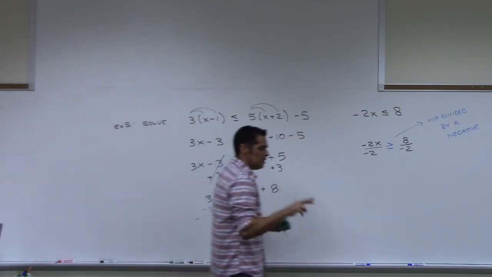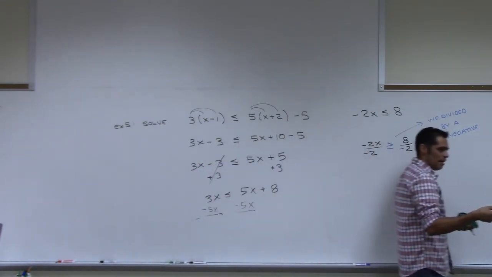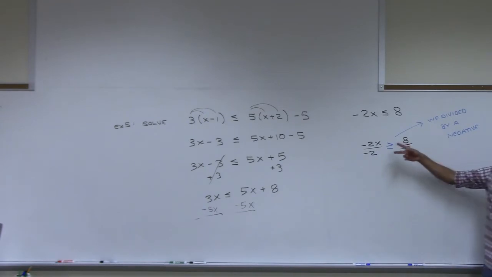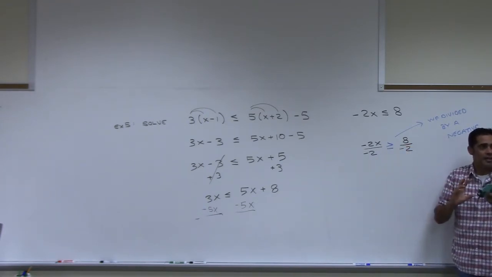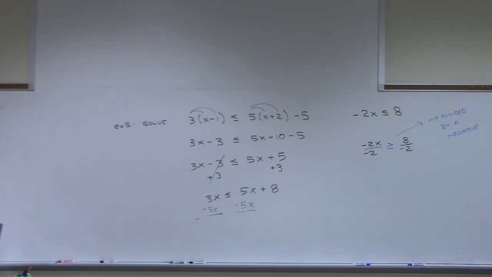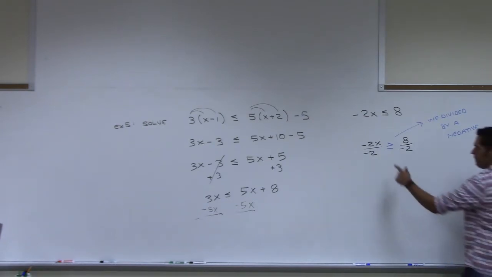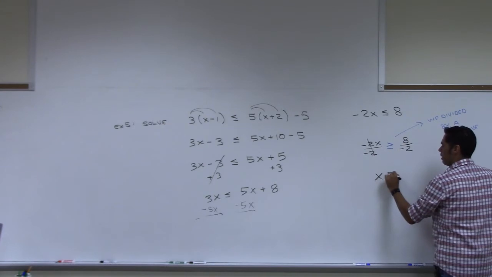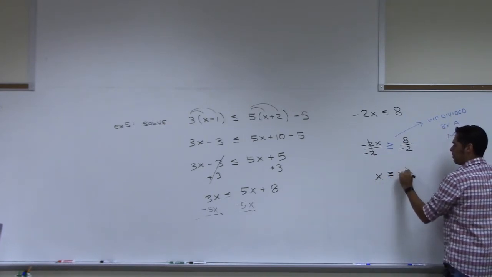Anytime you take 2 negatives and multiply, you get a positive. And so when you do this, things change, and you have to flip the inequality to account for that change. I'm not going to get too much in detail, but it has to do with that. So what do we have left when this happens? x greater than or equal to negative 4.